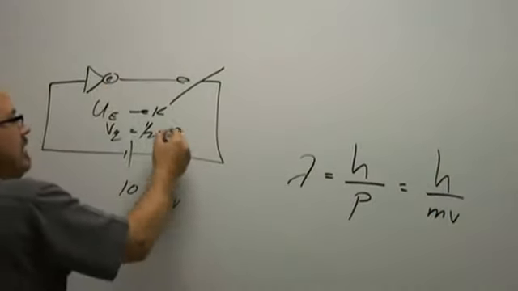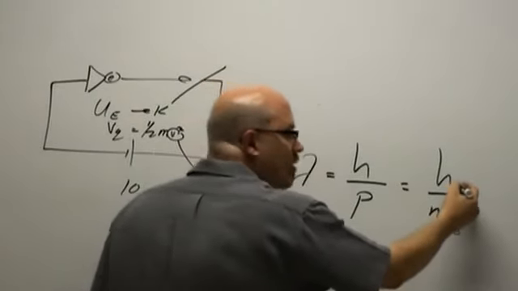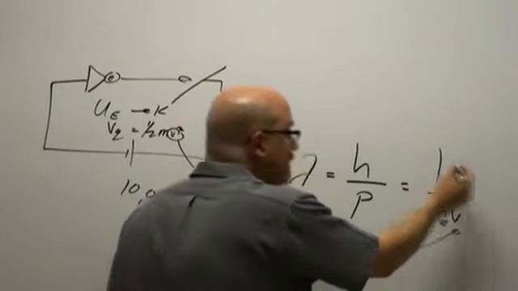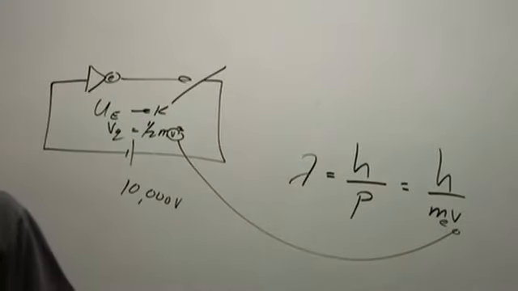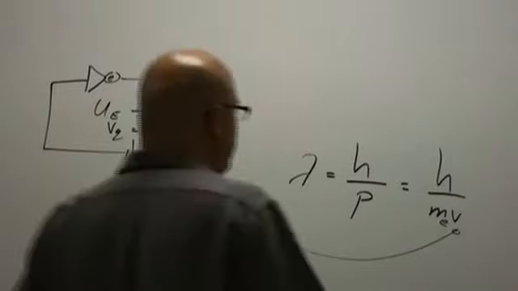So whatever velocity you get here, plug it in there, put in the mass of your electron, put in the appropriate Planck's constant, and you get the wavelength. They're going to throw this, find the de Broglie wavelength, in all kinds of different problems. They're going to have an electron flying through the air, and they're going to say, what's its de Broglie wavelength? Just calculate it. It's not a big deal.